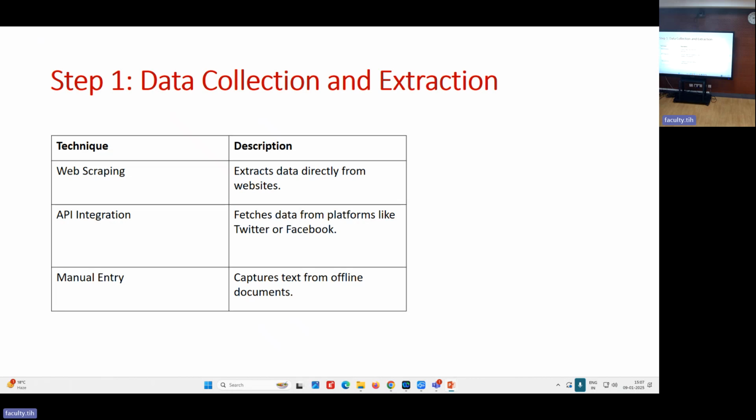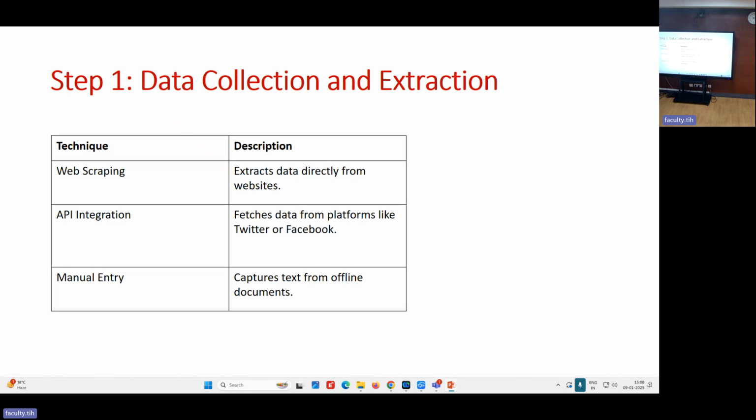Because in machine learning or deep learning, if you are building your model, you would require a huge amount of data. In machine learning, somehow you can build your model using less data, but in deep learning you would require more and more data.